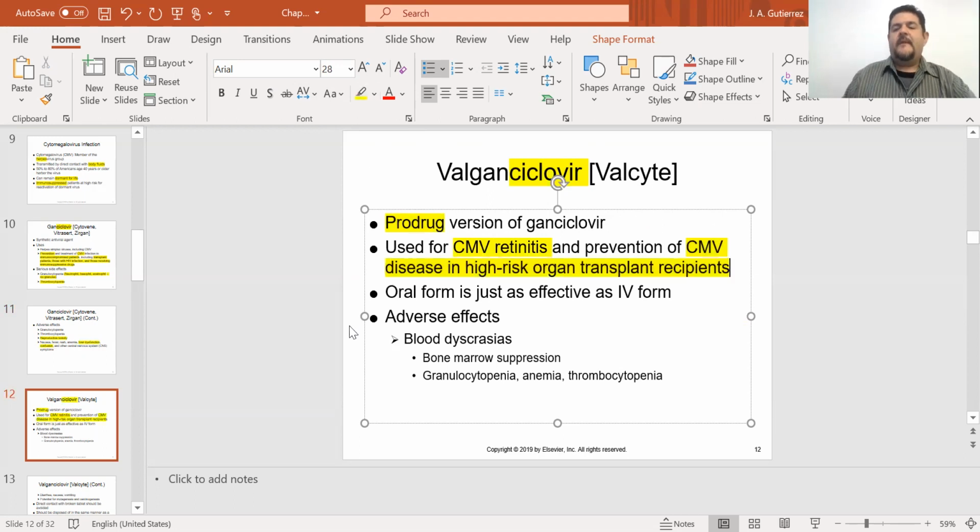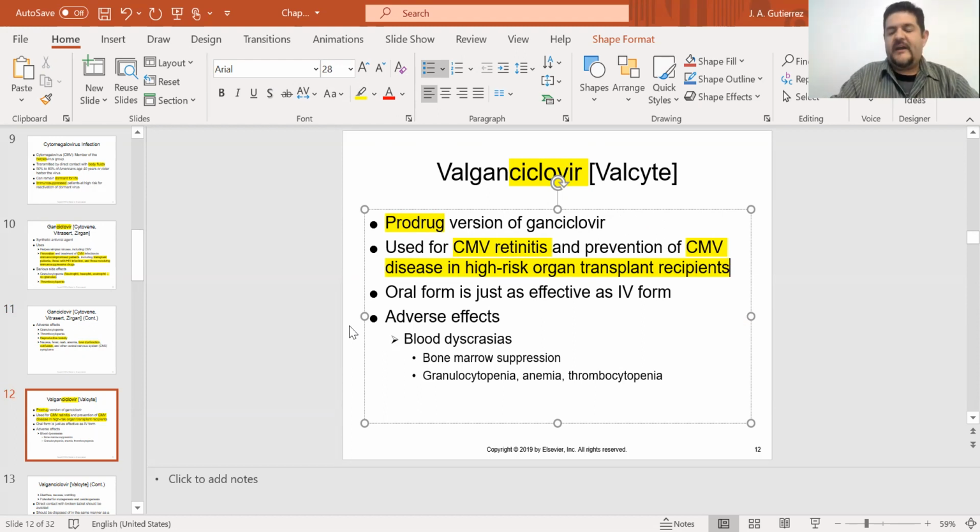So again, every time a patient gets an organ from another person, the natural tendency of the body of that patient is to reject that organ. It doesn't belong there. So we need to provide immunosuppressants. I need to suppress that immune system from that patient in order to prevent organ rejection.